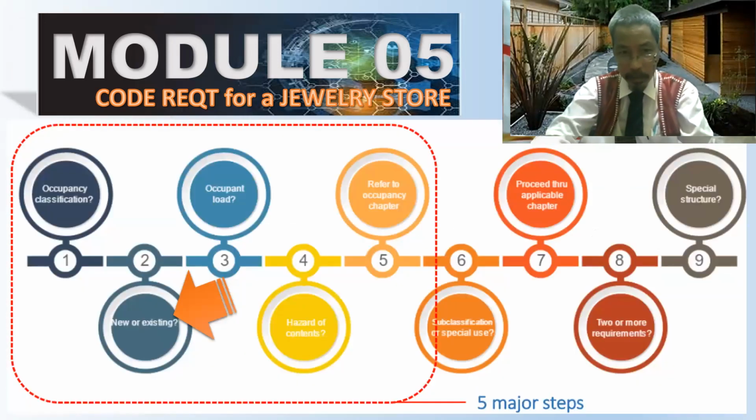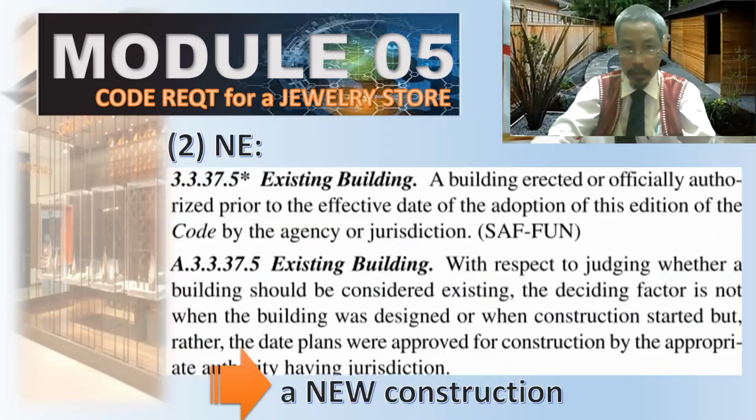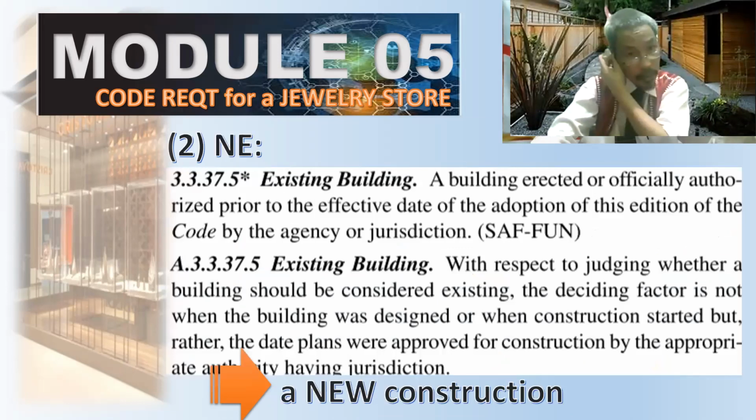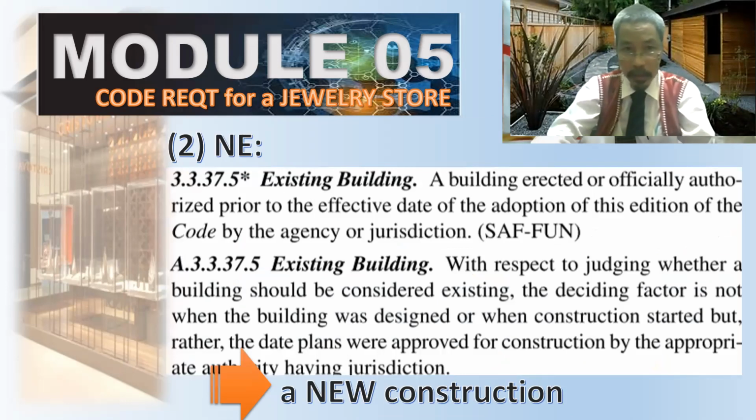So let us go to number 2, application. Is this a new or existing application? These are the definitions for existing building: a building erected or officially authorized prior to the effective date of the adoption of this edition of the code by the agency or jurisdiction.